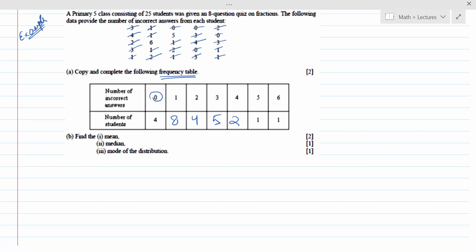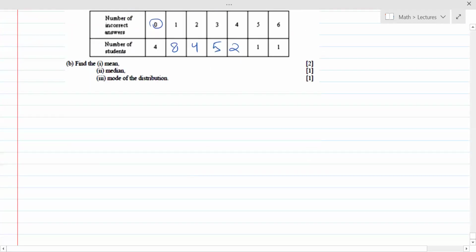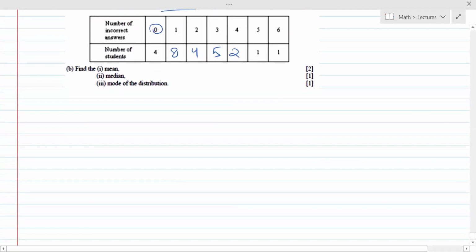Next, the same thing is to be applied in part B. You have to find the mean, median, and mode. So using this frequency table, we'll find the mean, median, and mode. So finding the mean, it's going to be summation fx upon summation f.